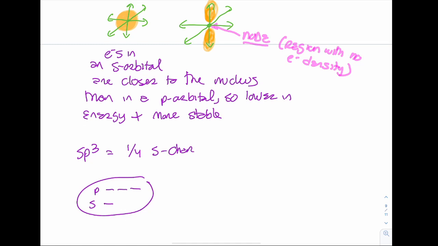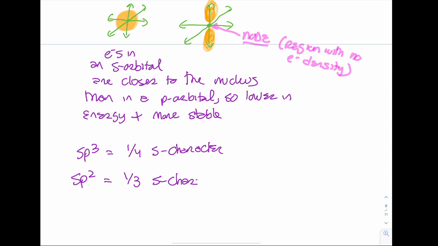If we were to draw it, right, they kind of look like a p orbital, but a little bit shorter, but not that much shorter because they're only 1/4 s. If I was to look at an sp2 orbital, these guys are 1/3 s character, right? They're a little bit squattier, the electrons are a little closer to the nucleus, but they still have 2 parts p for every 1 part s.